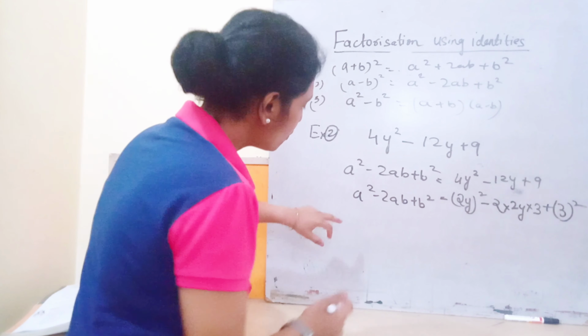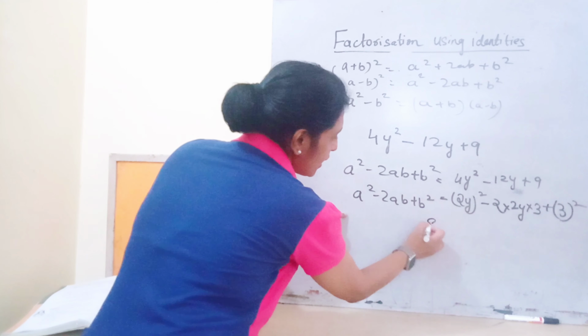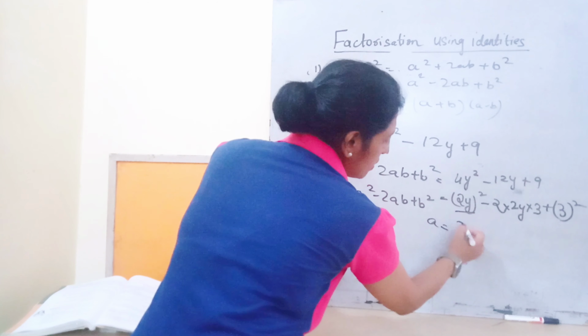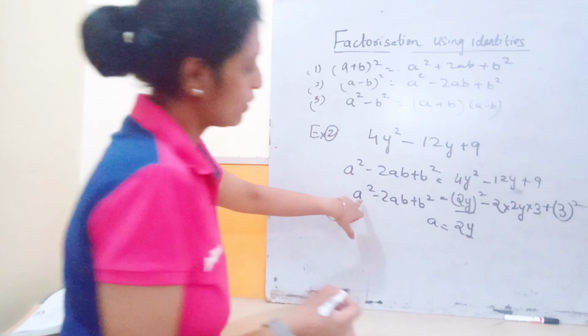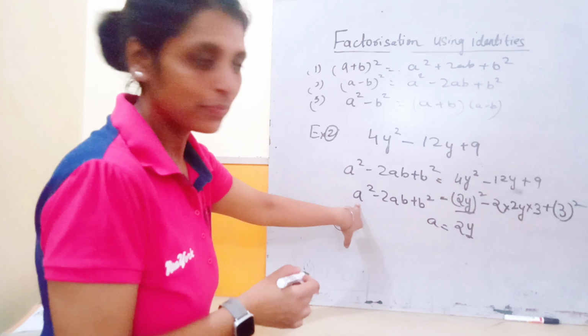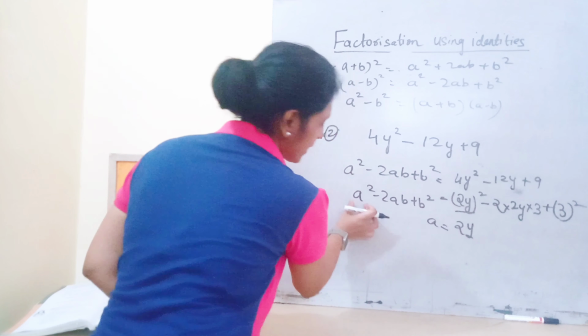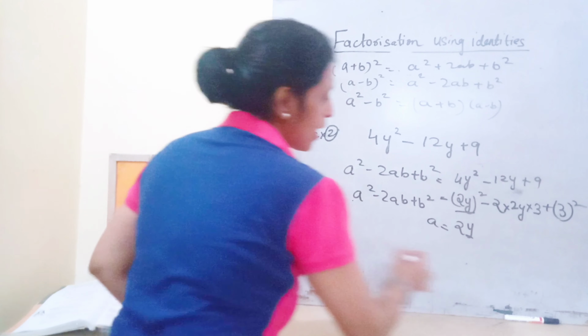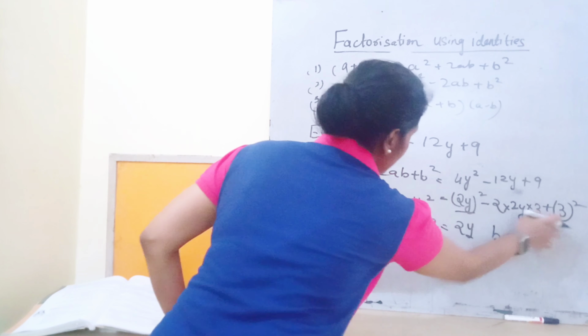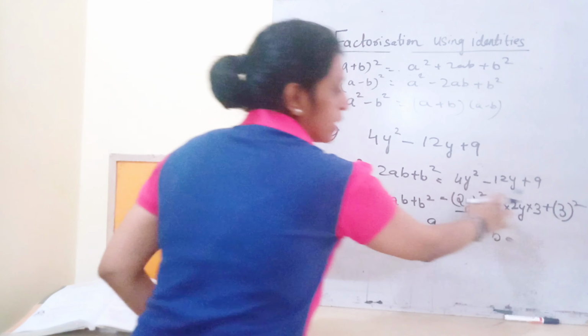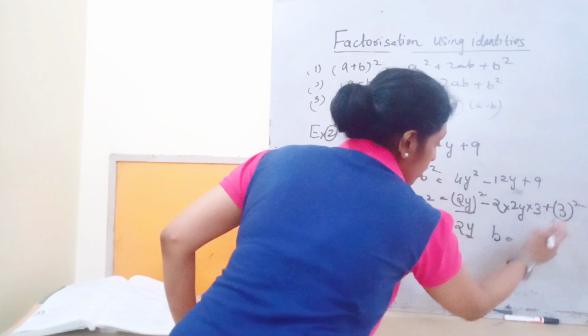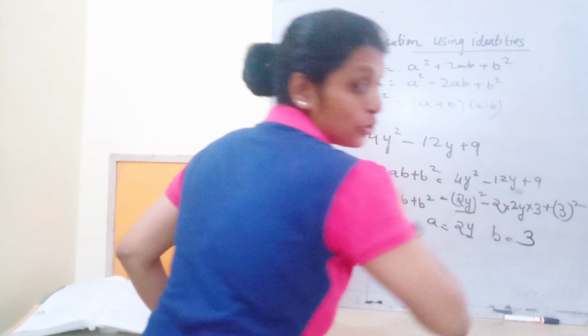Okay. So we can take a equals 2y. We can take a as 2y. Okay. a can be taken as 2y and b can be taken as, here b square means here 3 square. So it means b is 3.